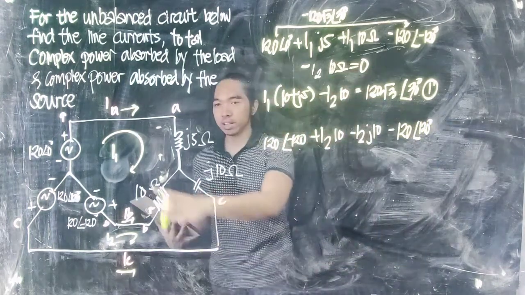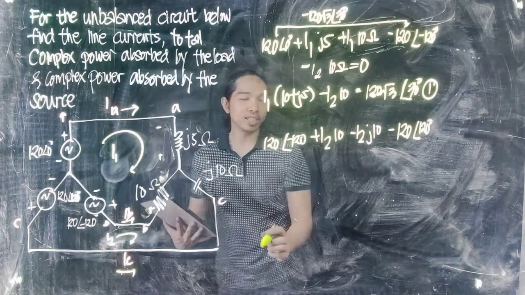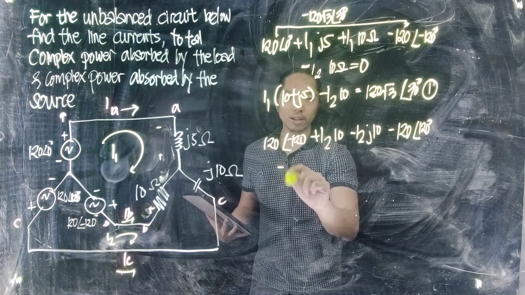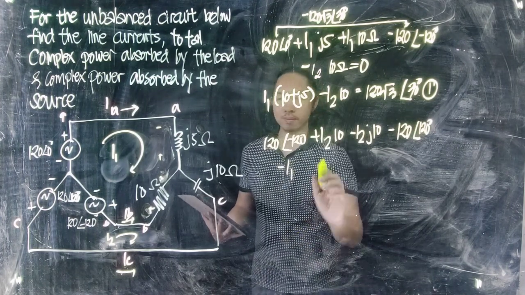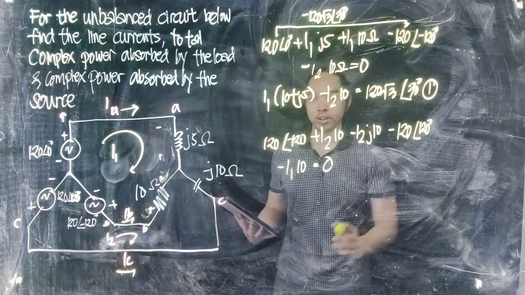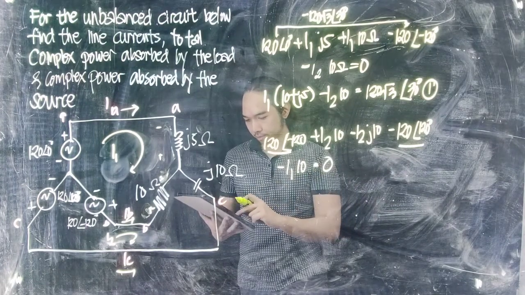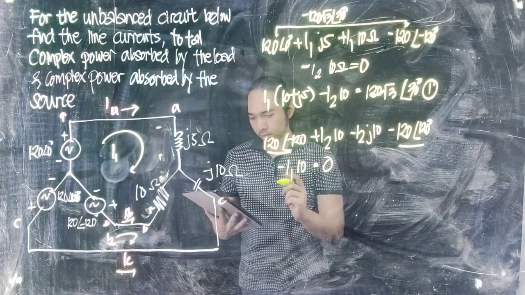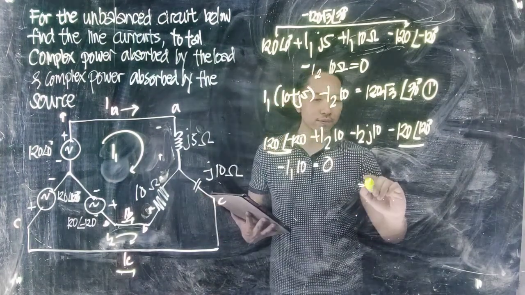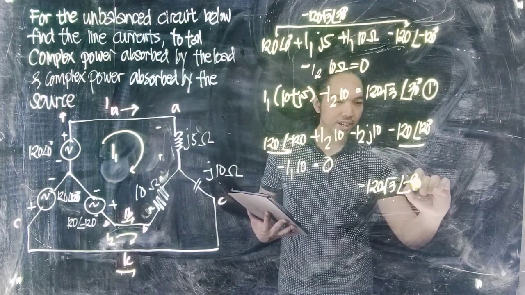Let's consider the opposing current in this loop. Since it's opposing, that would be subtraction, so minus I1 times 10, equals 0. Combining similar terms, that gives us 120 square root of 3 angle of negative 90 degrees.